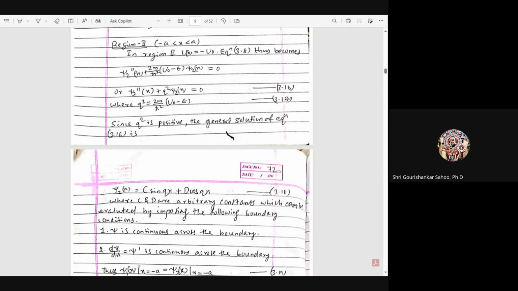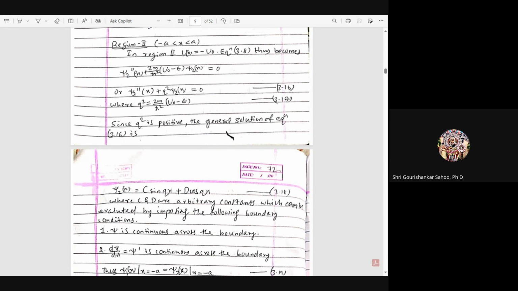So if u is equal to minus u0, where u0 is a positive number, then your psi 2 double dash is equal to twice m by h cross square times (u0 minus epsilon) psi 2, which is a function of x.